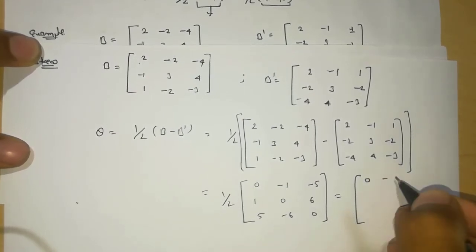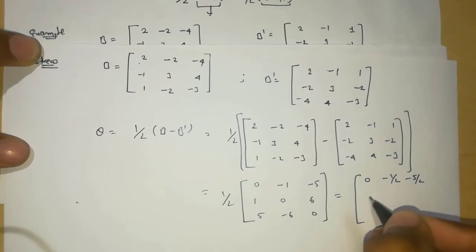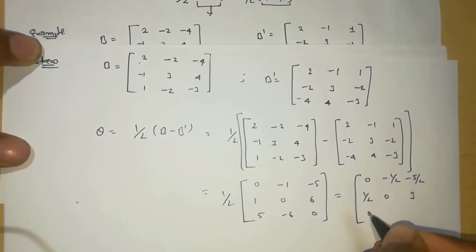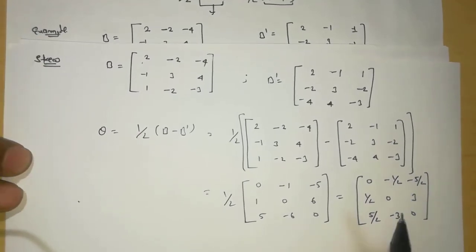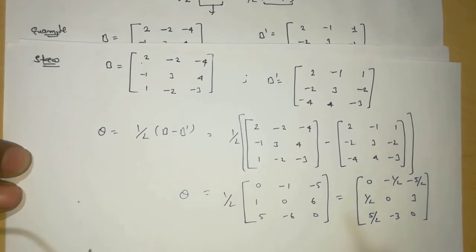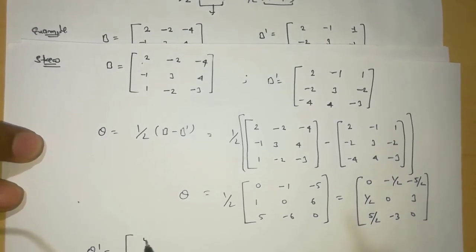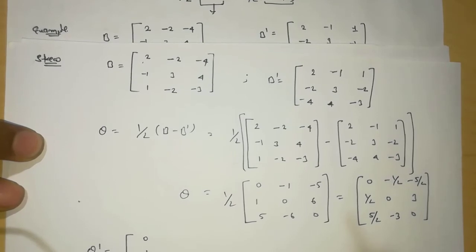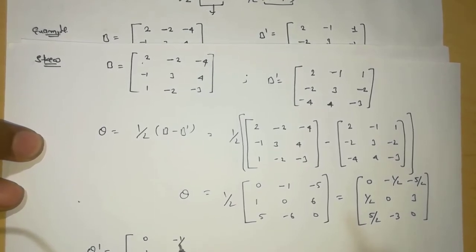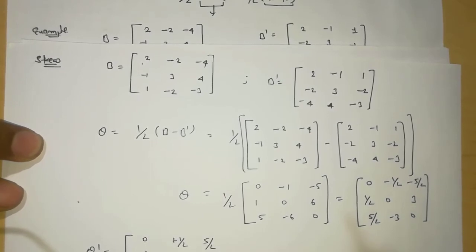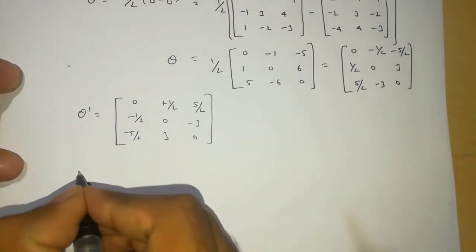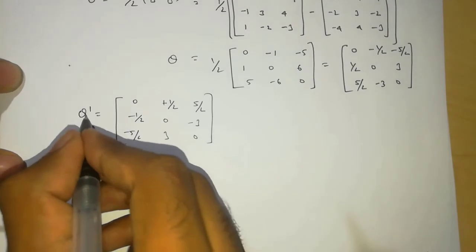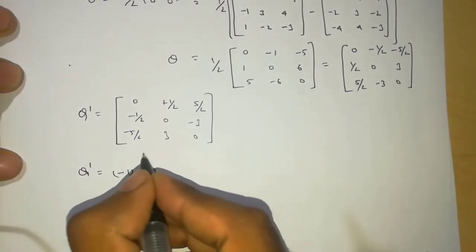Now this is the part of the skew symmetric matrix. Let Q be equal to 1 by 2 (B minus B dash), which is 1 by 2 of the matrix B, 2, -2, -4, -1, 3, 4, 1, -2, -3, minus the transpose matrix 2, -1, 1, -2, 3, -2, -4, 4, -3.